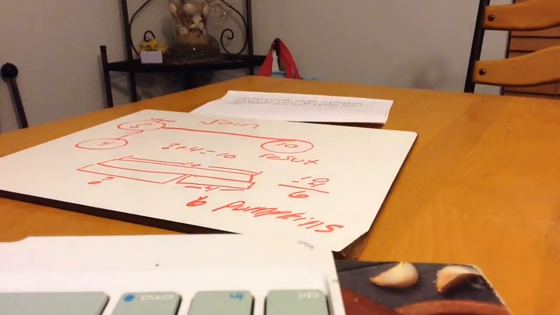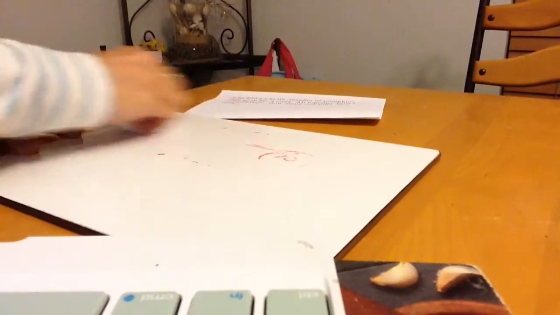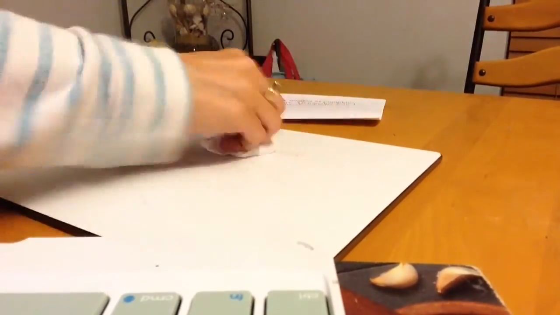Now there are some misconceptions that we need to think about when we're teaching children these equations, and the biggest misconception is the equal sign.